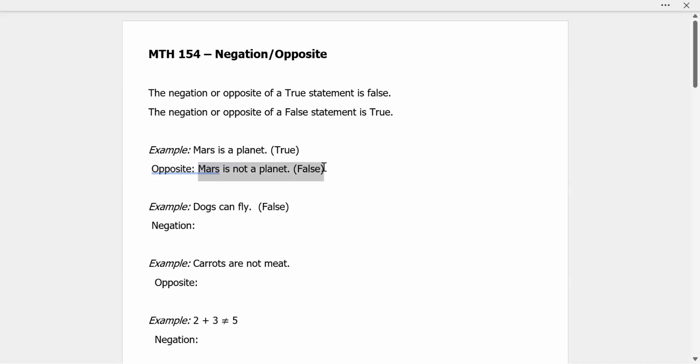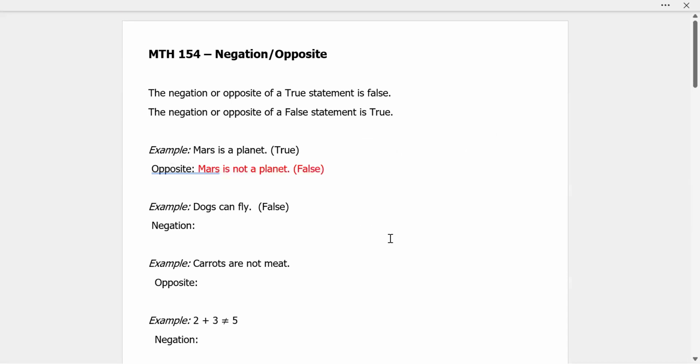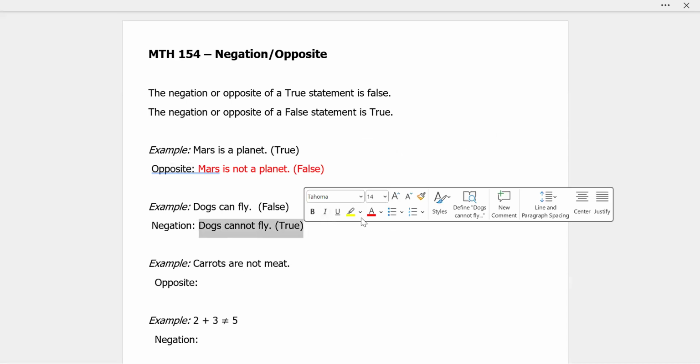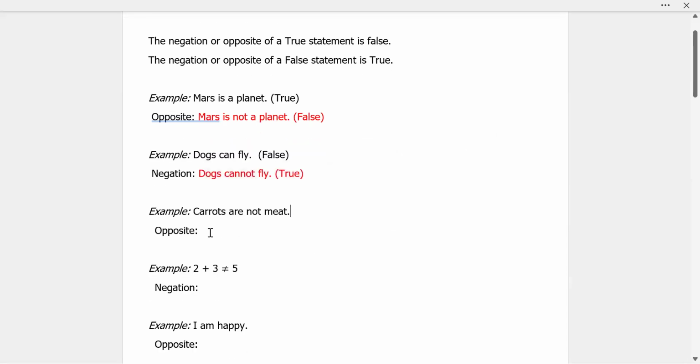That's the answer. Okay. Dogs can fly. That is false. So dogs cannot fly would be a true statement. And that would be the opposite or the negation of this sentence.